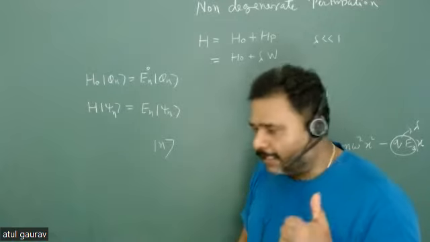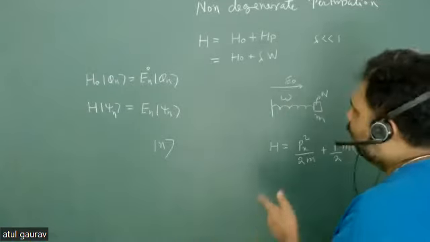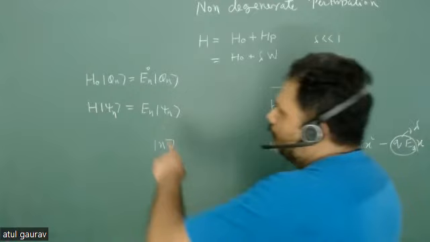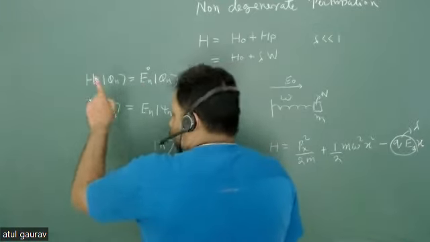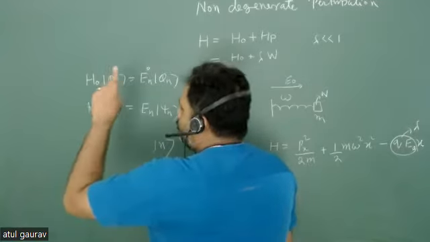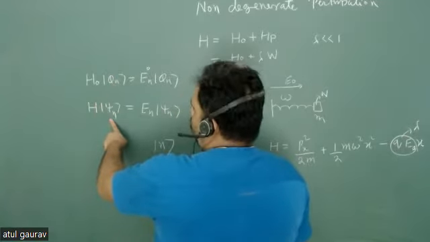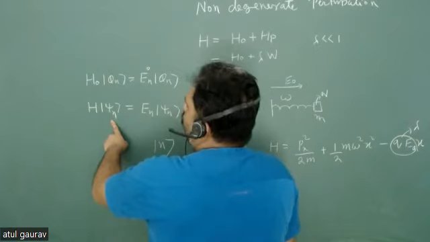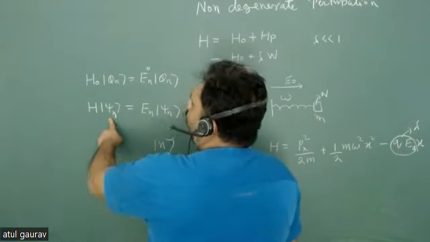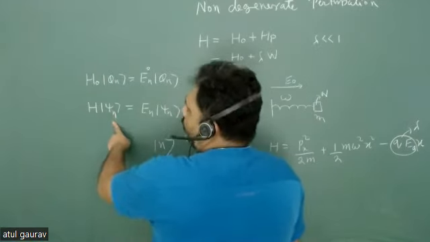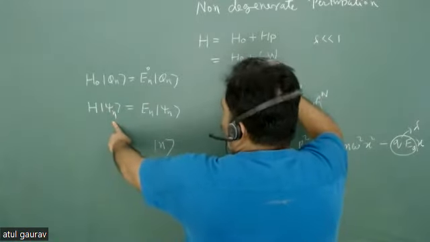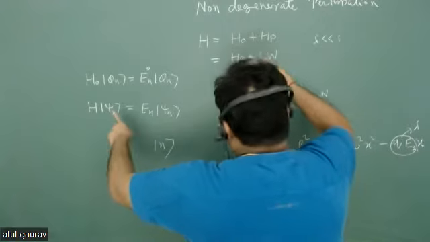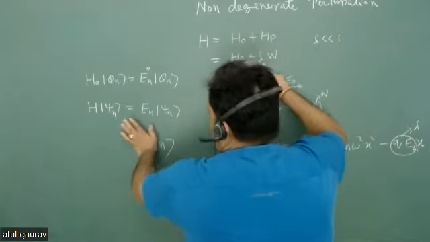So what is the whole idea? The idea is, we are not able to solve this thing completely. It is very difficult to solve. So we will try to approximate the solution with the mathematical tool of Taylor expansion. Because this lambda is very small, we can easily use Taylor expansion.